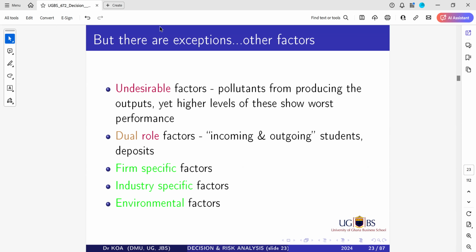You can give me another example. Nobody should tell me about carbon dioxide and emissions. And don't tell me about pollutants, whether it's air pollution, water pollution, land pollution. What is another example of undesirable output?